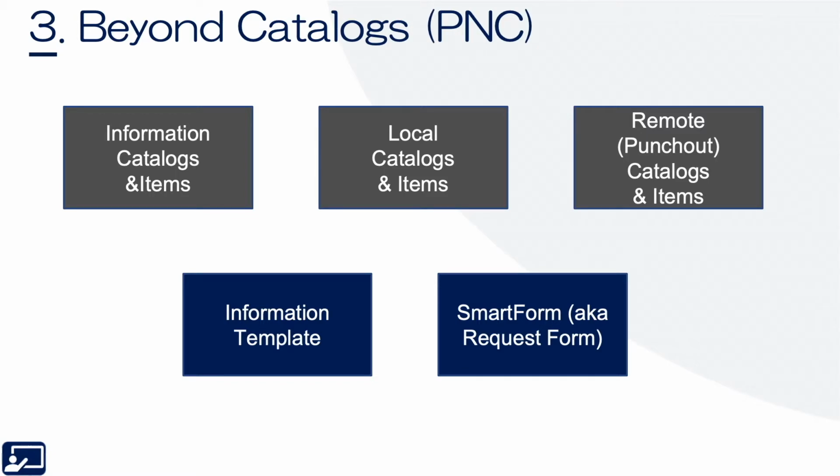Probably one other good point, these really have endless uses. For example, the SmartForm, sometimes you hear them called a PERF, a Procurement Engagement Request Form. It's a completely generic way to ask procurement how to do something or what to do or request something to be done. We just don't want it done in an email. There's also sometimes when I need a new project before I can create a request, then that might be called a project request.